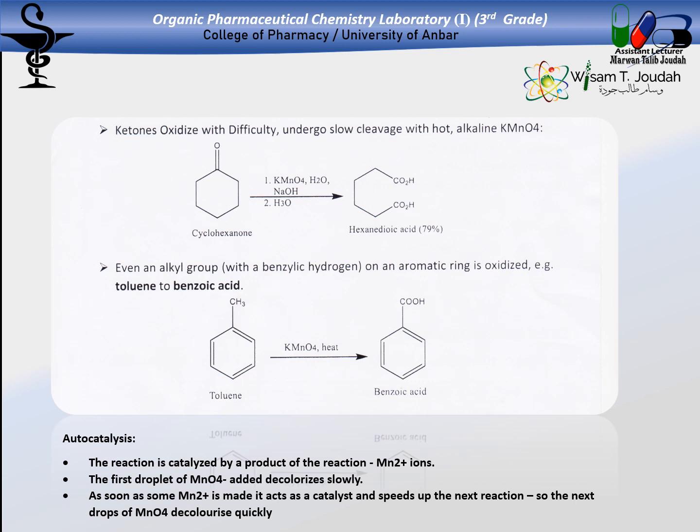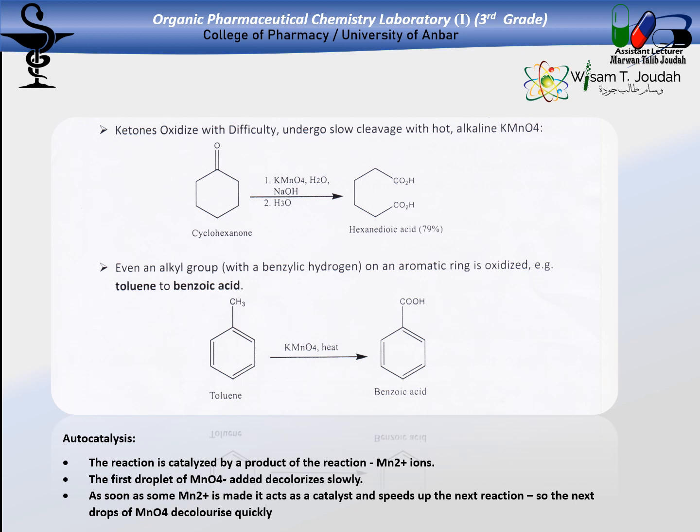Now, let's move to the ketone. Ketone is kind of hard to oxidize using KMnO4, so we need more than one step. First, we use KMnO4 as an oxidizing agent with sodium hydroxide solution, and then we add the hydronium ion.